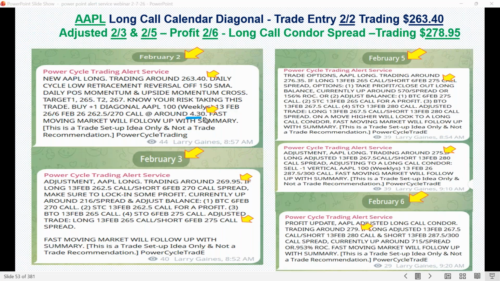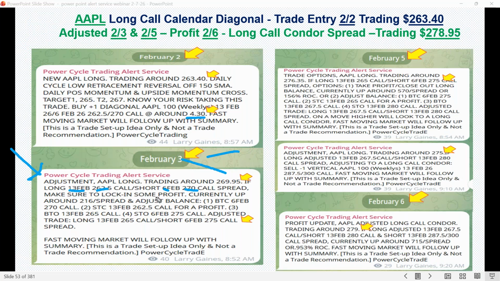Right, so that was the initial entry around there, and then the next day, the third, it was trading at 269.95. I sent out an adjustment. I said here adjustment, and then it says Apple long, tells you where you are. So if long the 13th Feb 262.5 call, short the 6th Feb 270 call spread.